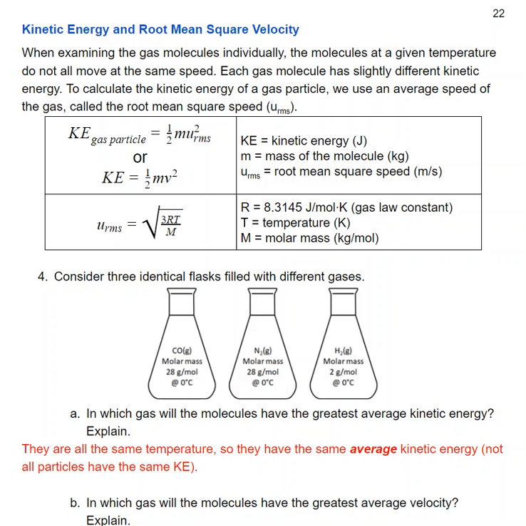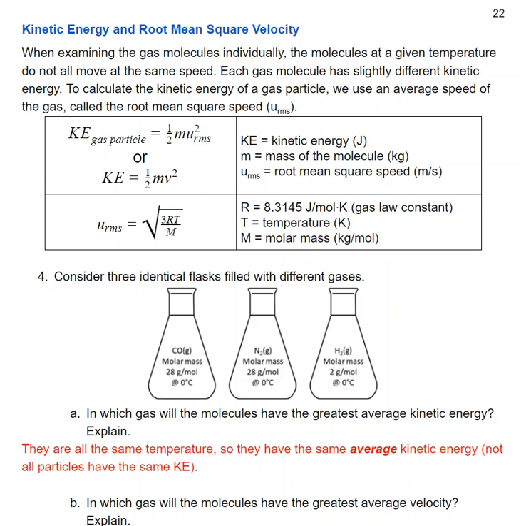So they all have the same average kinetic energy, but if you look at each individual particle, we see that there's a range of kinetic energies. So a way that we can calculate that is 1/2 mv squared. In chemistry, we use what's called the root mean square speed, but it's still just a velocity.